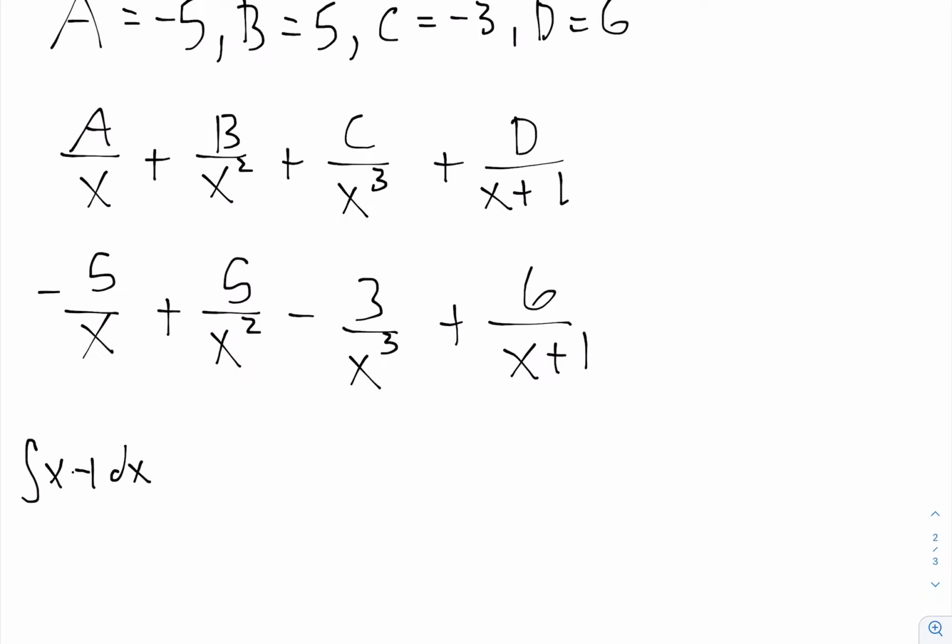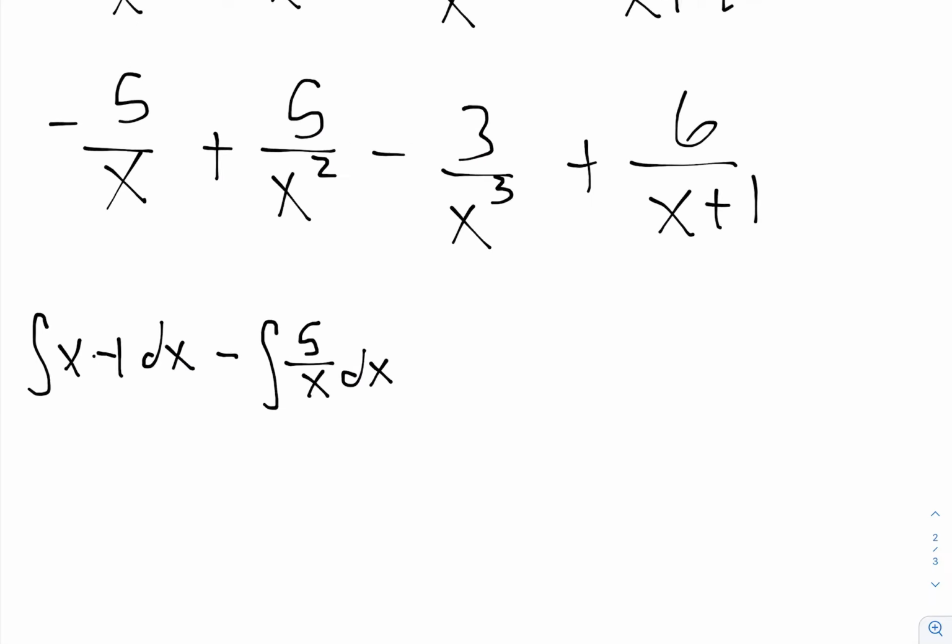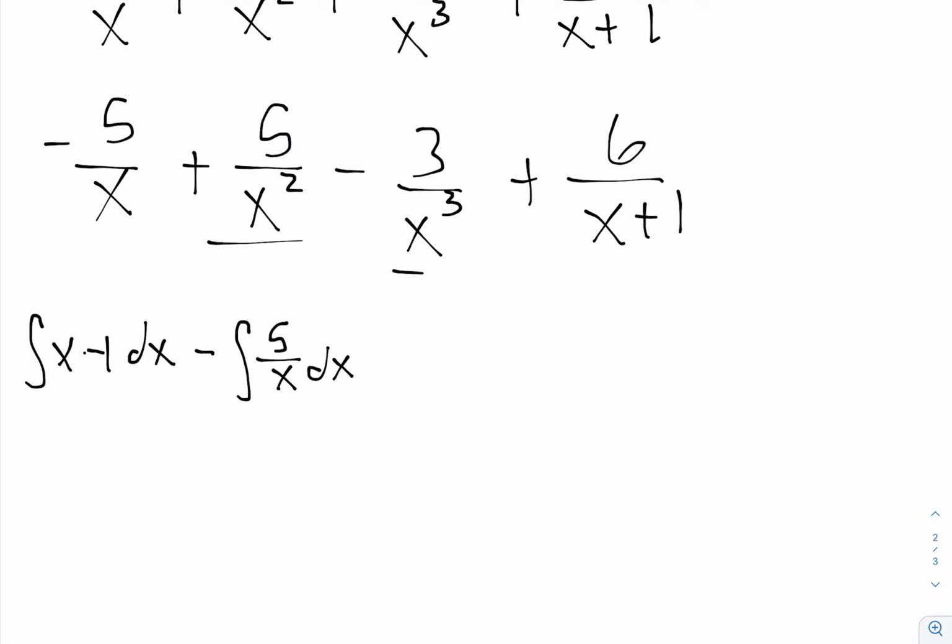So we're going to have the integral of x minus 1 dx, and then remember we're subtracting the integral of 5 over x dx, and we're just taking the integral of each individual component of the sum.